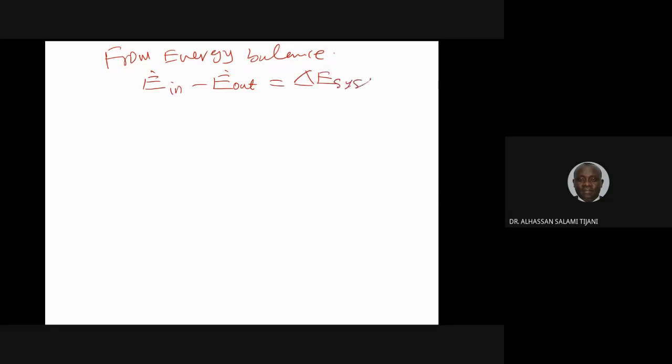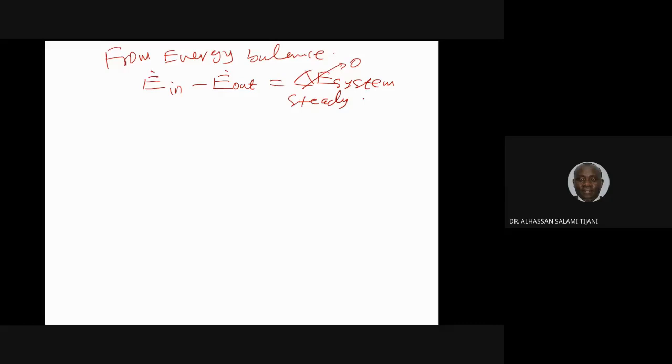But again, this is a steady state system, so this equals 0 for a steady flow device. It means the total amount of energy in should be equal to the total amount of energy out.